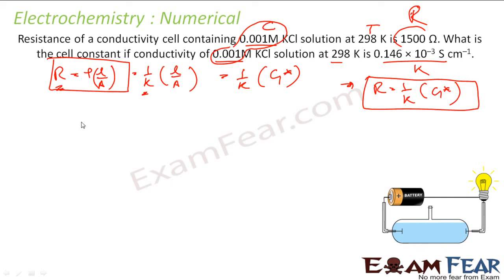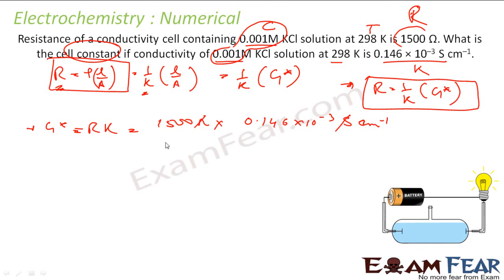So, correct, I have to find what? Cell constant, G star. So my G star is nothing but R into K. What is the value of R? 1500 ohms. What is the value of K? K is given, this value, 0.146 into 10 to the power minus 3 Siemens per centimeter.